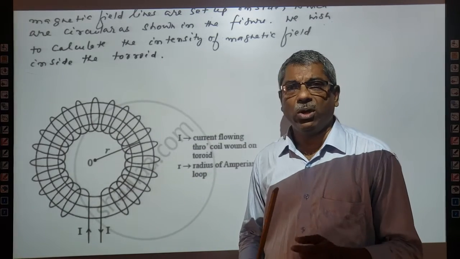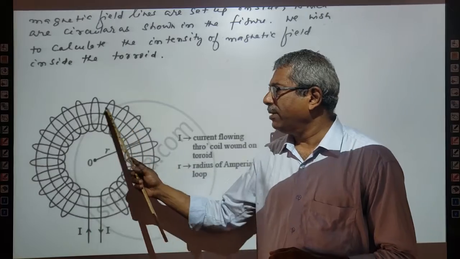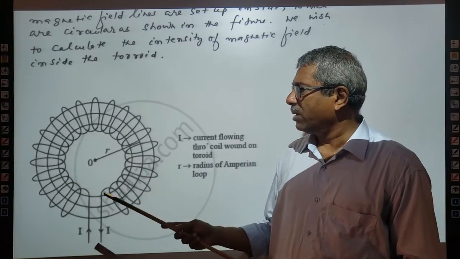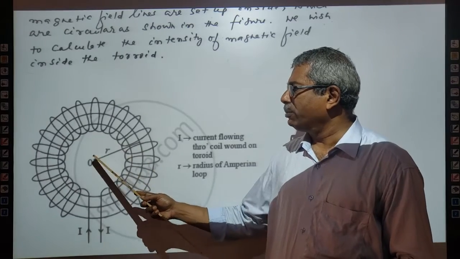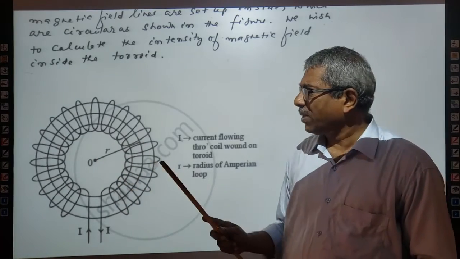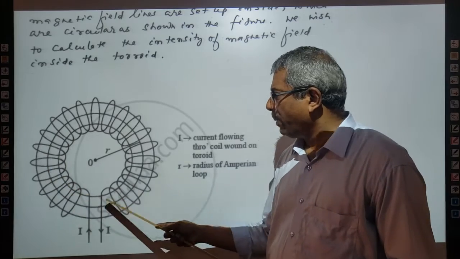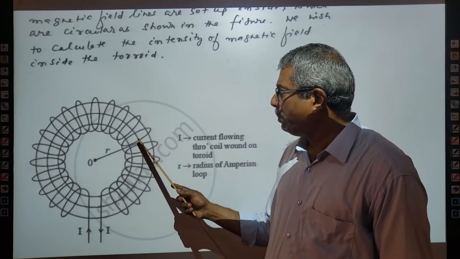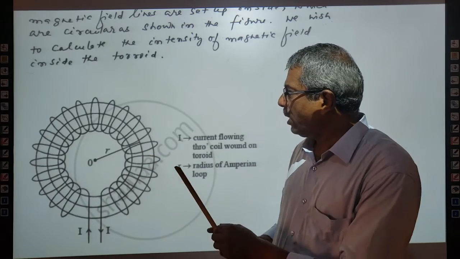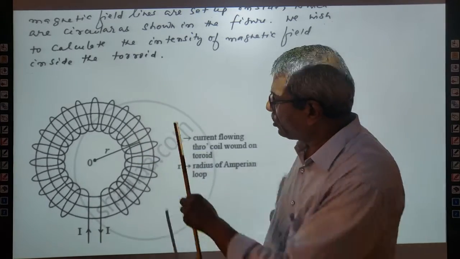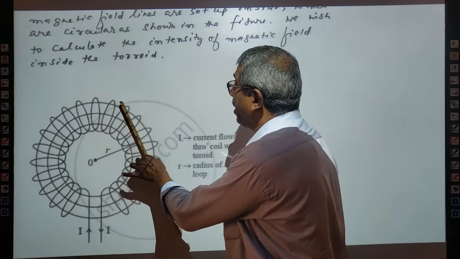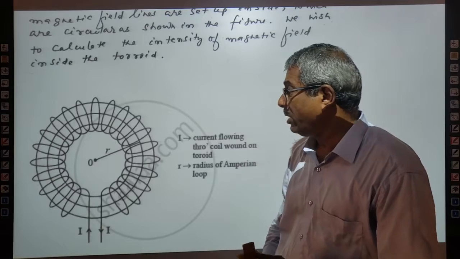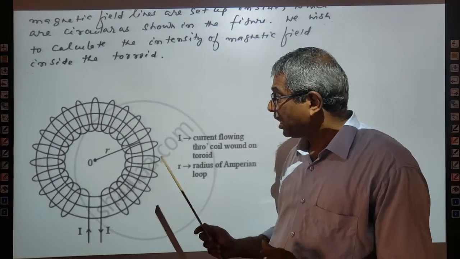For using Ampere's circuit law, what do we need? We need a closed magnetic path. This is the closed magnetic path, which is the distance r away from the center, right? Along this magnetic path, if you take a small length dl at this point P, and a tangent is placed at this point, that tangent with the arrow head shows the magnetic intensity direction.